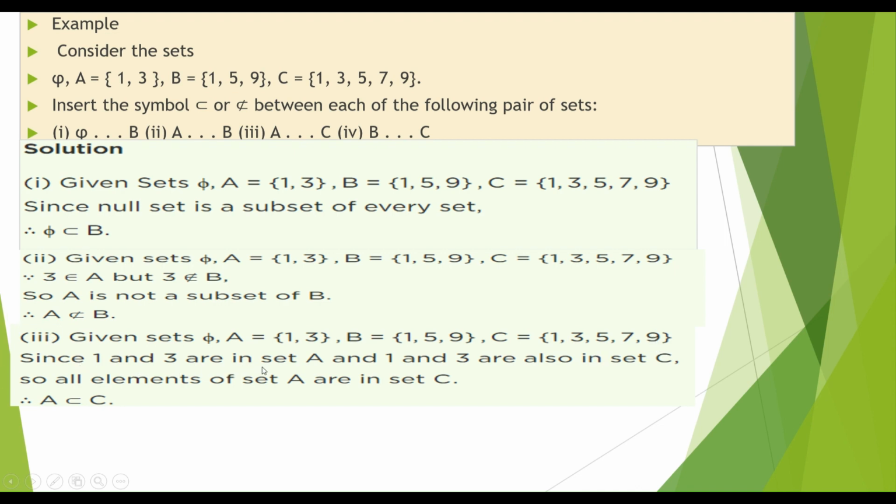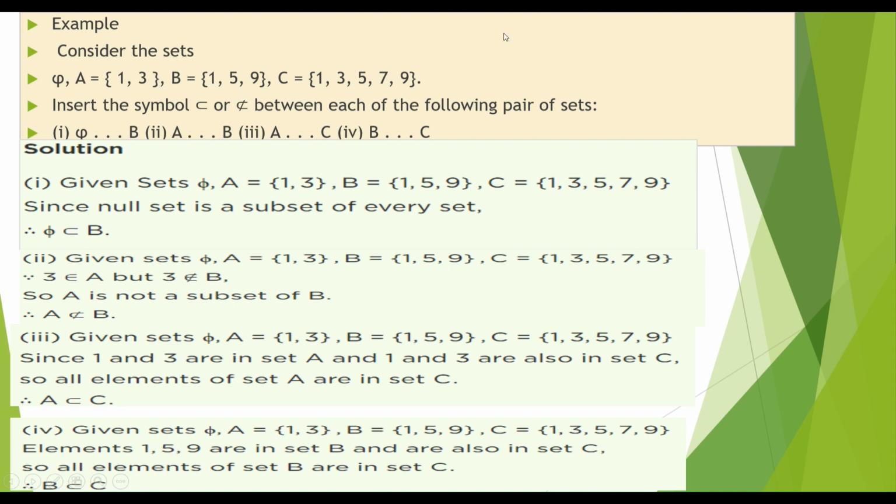Since 1 and 3 in set A are present in set C also, all the elements of set A are in set C. So A is a subset of C. Now we compare B to C. B is {1, 5, 9}, and C is {1, 3, 5, 7, 9}.